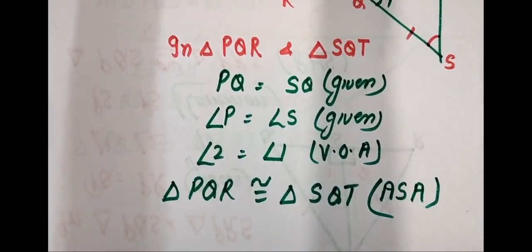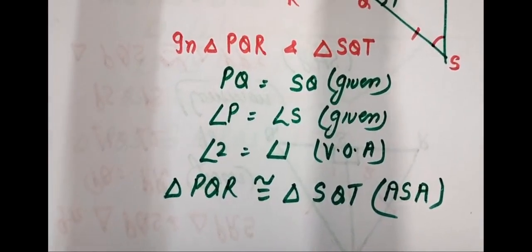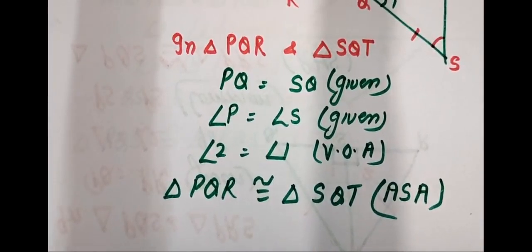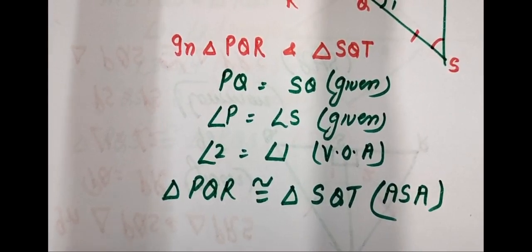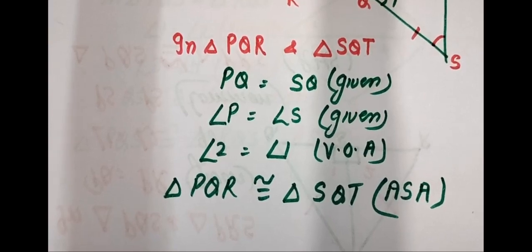On this basis, you can easily write that the triangles are congruent, and you have to identify which criteria you are going to use.